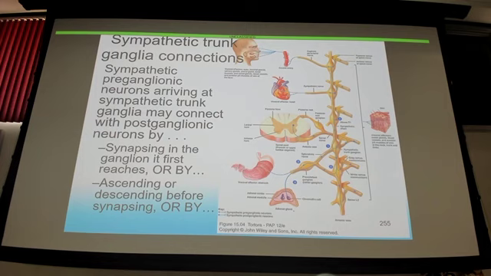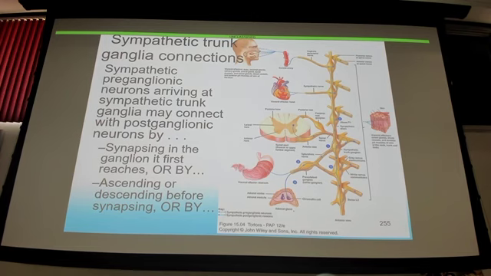If I synapse with a postganglionic that's in the trunk, I'm going to immediately leave the sympathetic trunk through a gray ramus at whatever level that might be, and I'm unmyelinated, and I'm going to go all the way out to my effector, which is going to be something above the diaphragm.